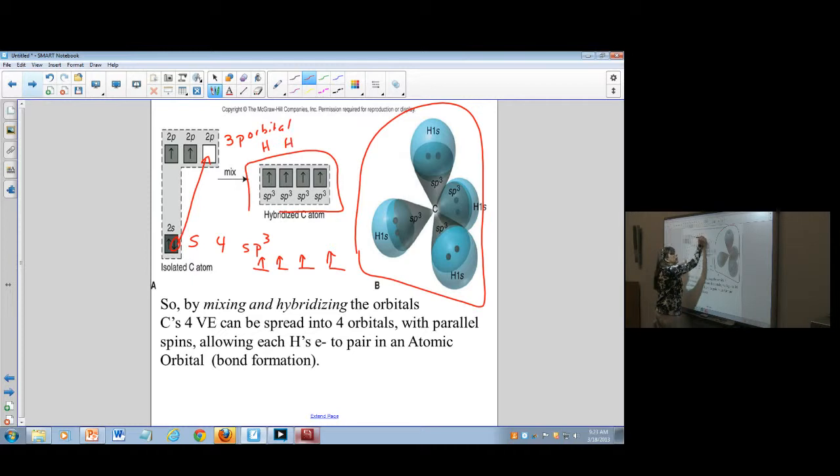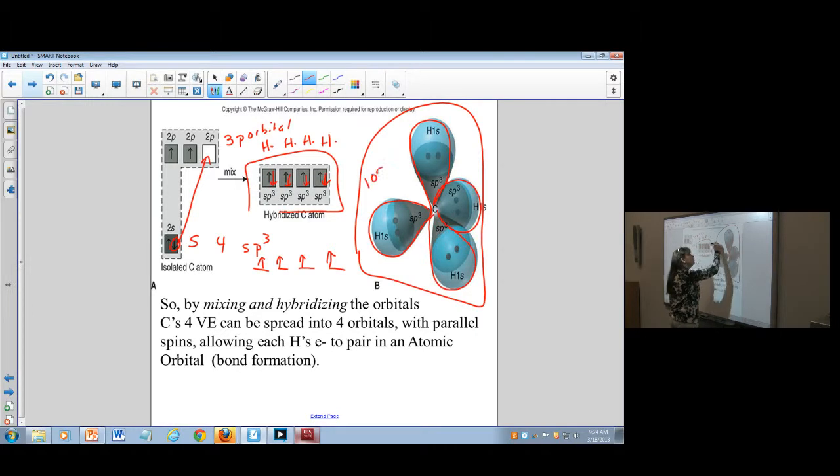Now let's bring in hydrogen, okay, so we can make CH4. Each one of these has an electron, all right, so I can form a bond with the hydrogen by putting that electron the other way, in the opposite spin, in this hybridized orbital. And so we end up having a carbon with 4 sp3 orbitals.